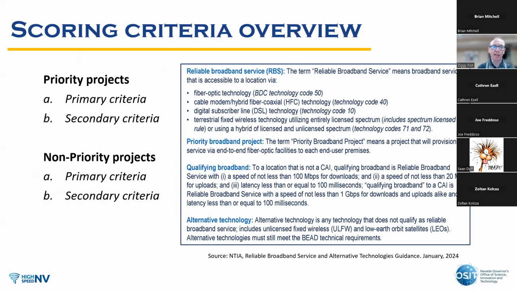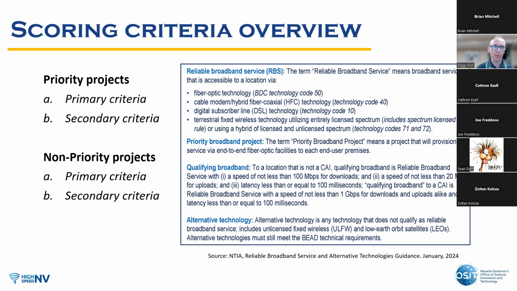The way that this scoring is organized is according to priority versus non-priority projects. So there are slight differences in how they're scored. This is by NTIA design. Priority projects are those with fiber end-to-end, and non-priority projects are any other technology. And these in turn are also divided into primary and secondary criteria.